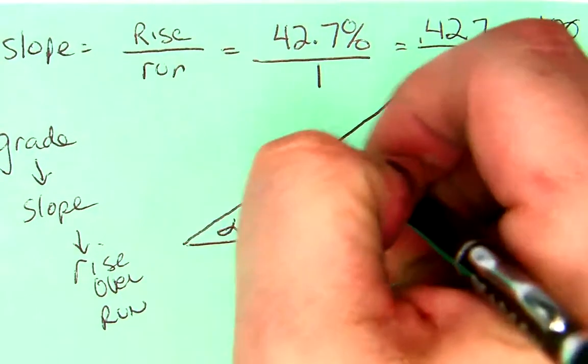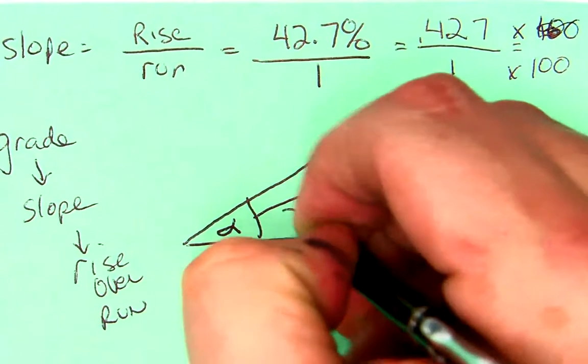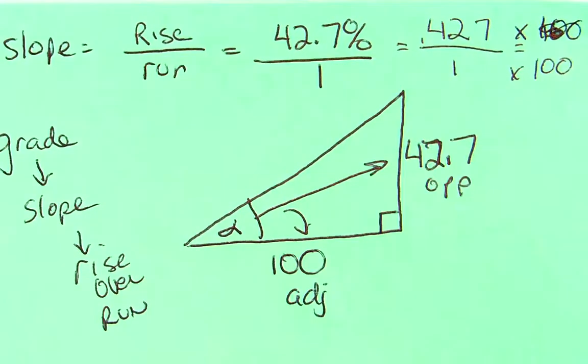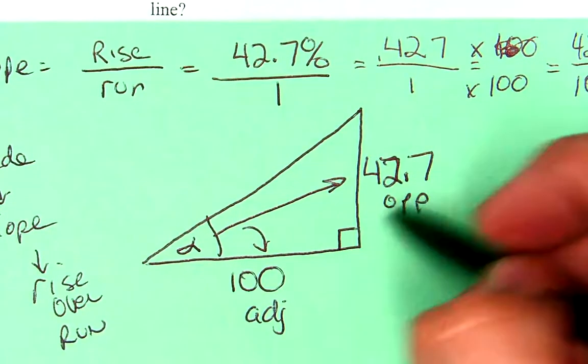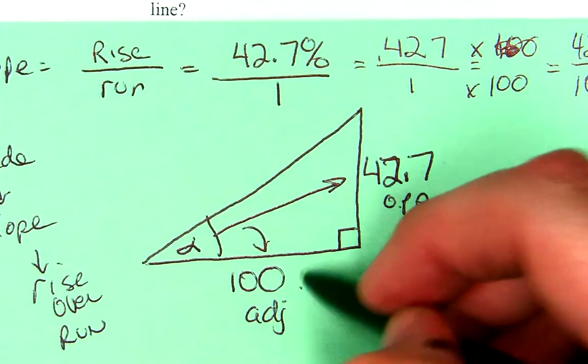Now, this is going to be an opposite side, and this is going to be an adjacent side. So the trig function that uses an opposite and adjacent is always going to be the tangent.